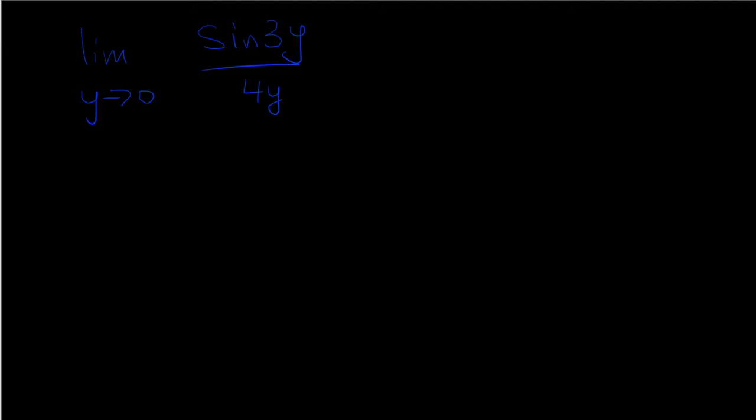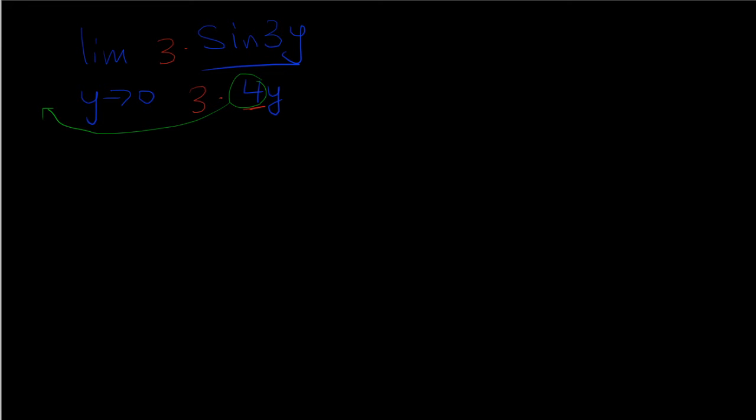Well, first, I would like to have this 4 over here to be 3y, because then I could make a substitution and I'll basically have sine x over x. So I'm going to put a 3 in the denominator, and then I'm also going to have to put a 3 in the numerator to cancel it out. And this 4 will have to just come out.